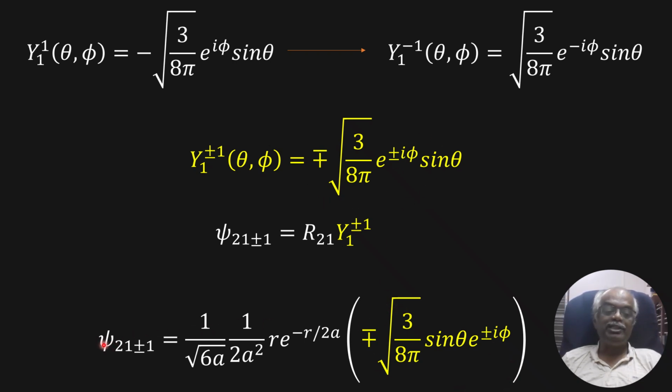So this is the full wave function with n equal to 2, l equal to 1, and m equal to plus or minus 1.